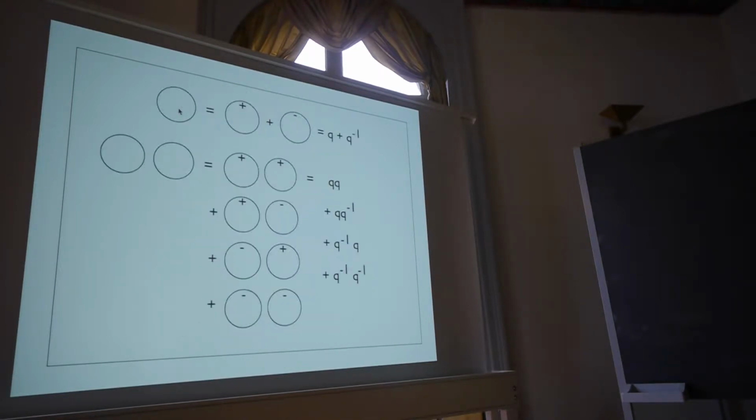So I illustrated, just in case you hadn't thought about it before, what's going on here by labeling things with pluses and minuses. You see, if I do that and then I have two loops next to one another and I think of multiplying them formally, then I have all of these different states that could occur, right? All plus and all minus. And each one gives rise to a value, Q squared, 1, 1, and Q to the minus 2.